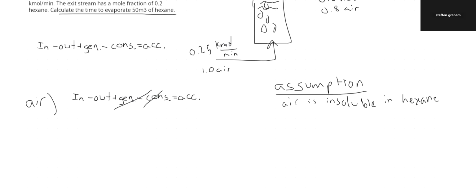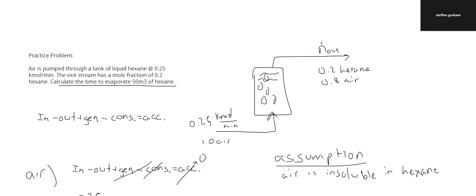Because it's not soluble, all the air goes in, comes out. We have no accumulation. That's zero. So it's at steady state, and we have a simple in equals out. What's going in? We have 0.25 kilomole per minute. And if I scroll up, what's coming out? We have N out times the mole fraction of air.